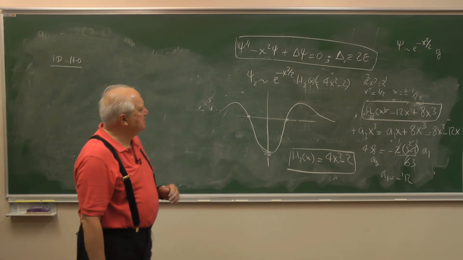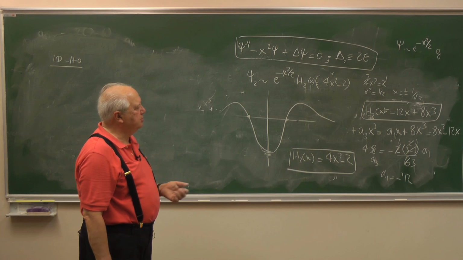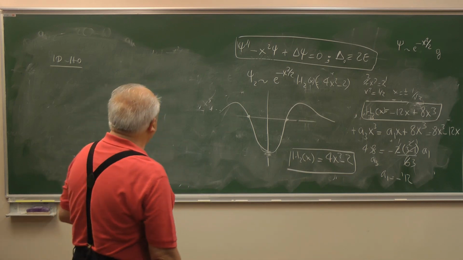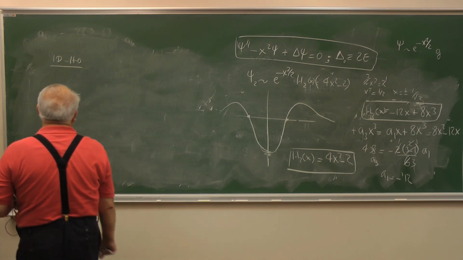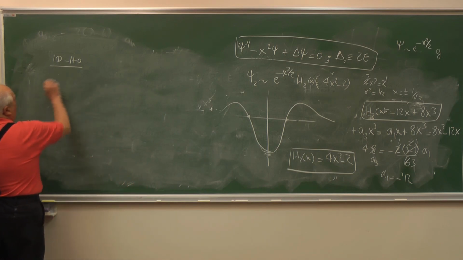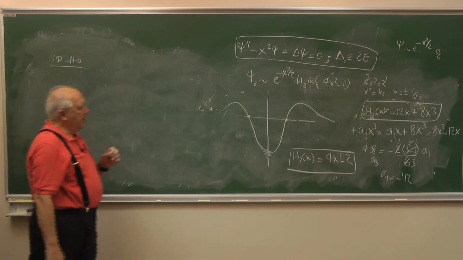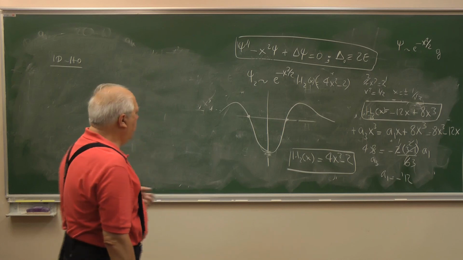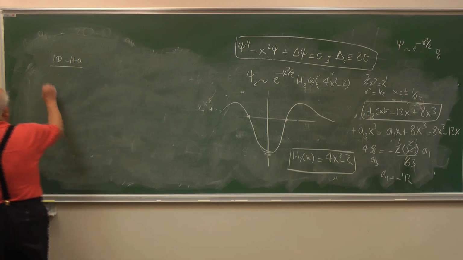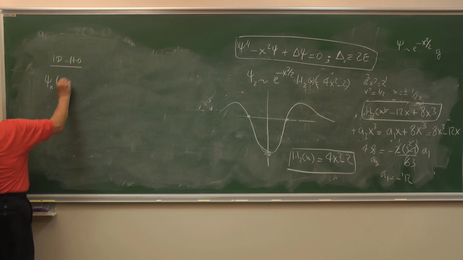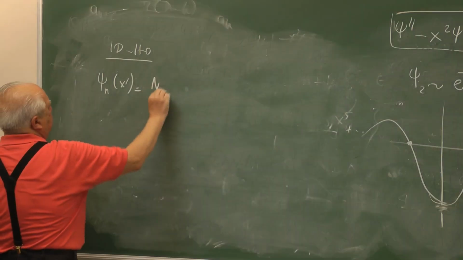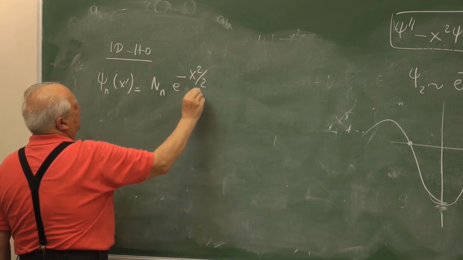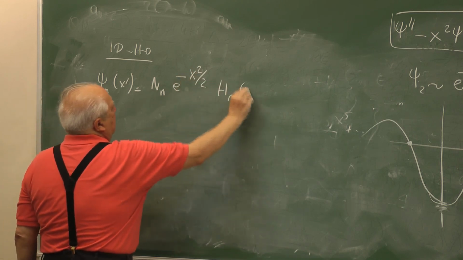And this gave us clues on what to expect from our solution. And indeed, we have solved for the wave function. Except that wave functions need to be normalized. And so our wave function psi_n(x) is equal to some normalization constant times e to the minus x squared over 2 times H_n(x).